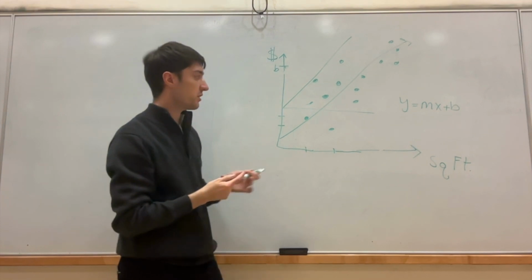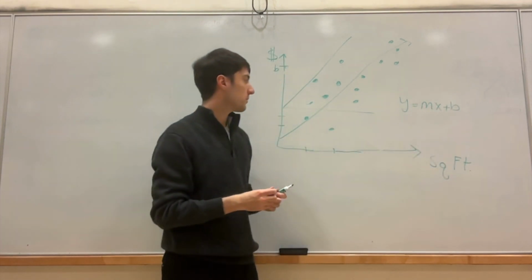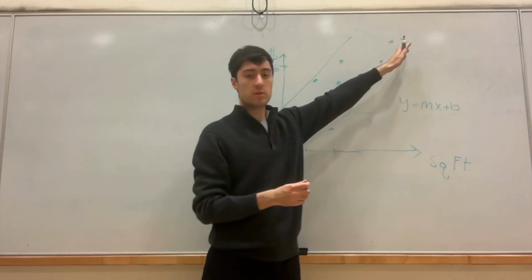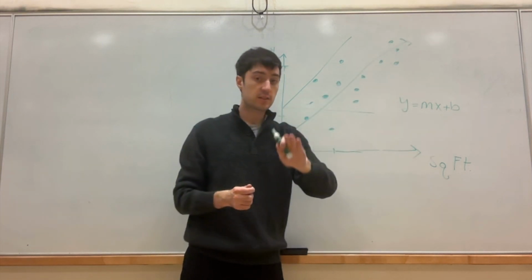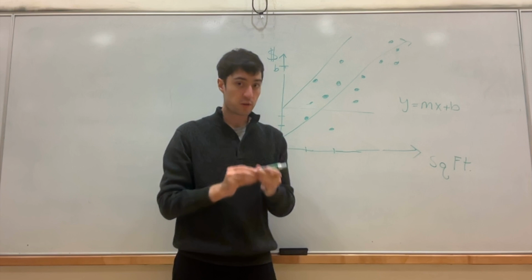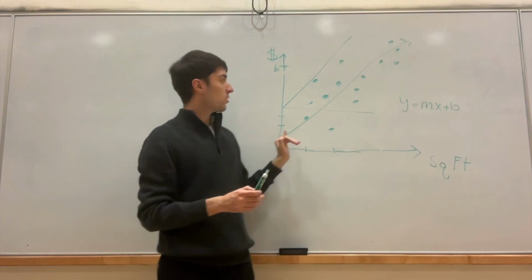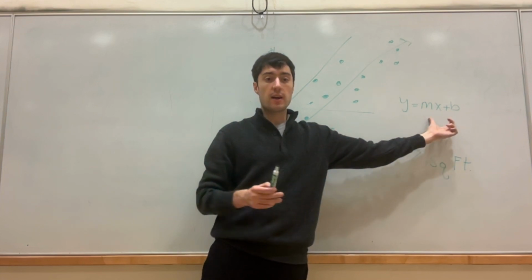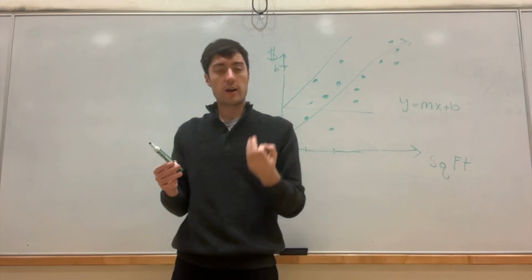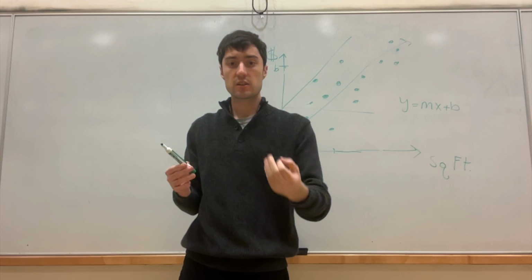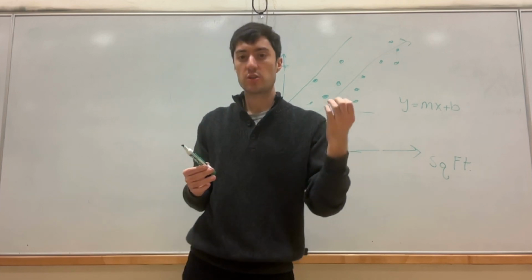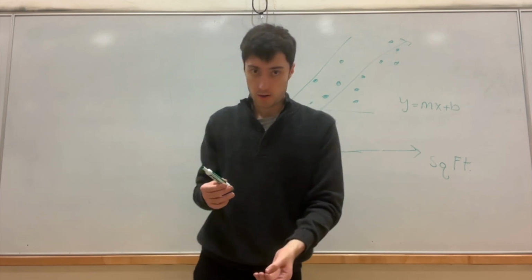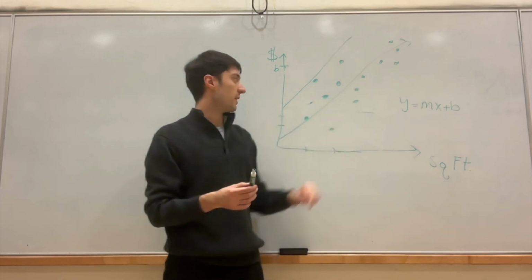We adjusted these parameters in order to best fit our data. And that is the entire idea behind linear regression. You change your parameters in such a way as to predict most accurately, so you try to minimize your error over your data set.